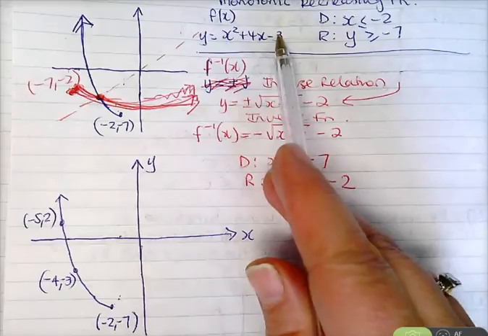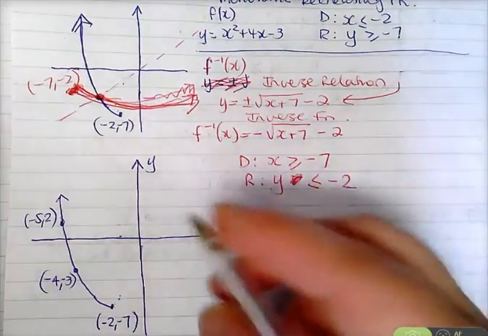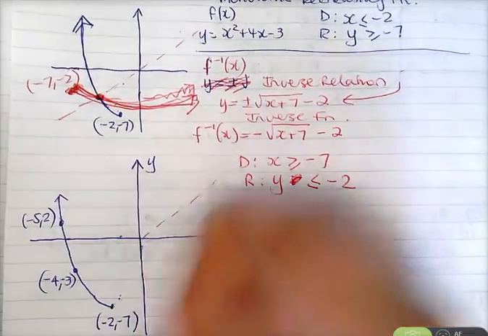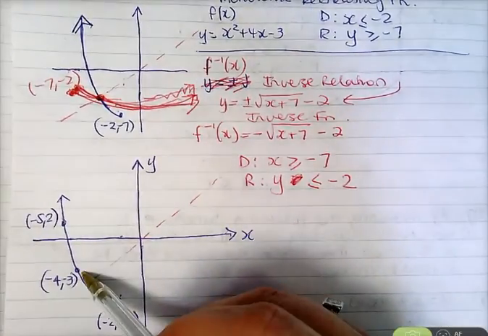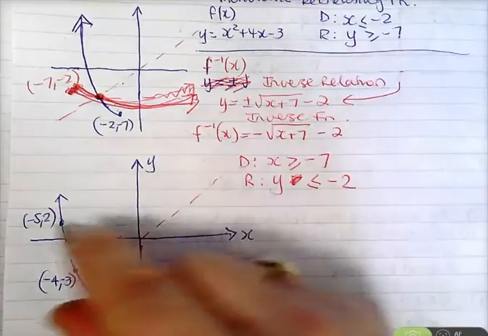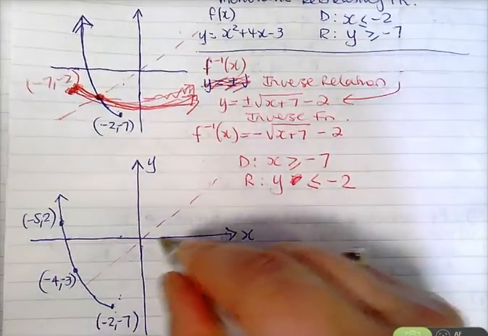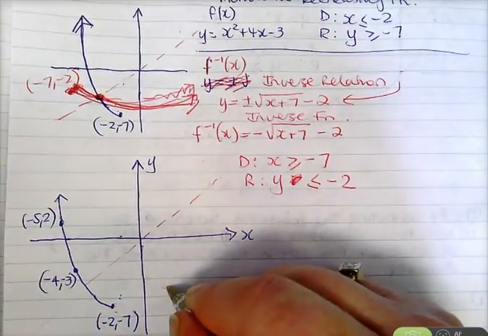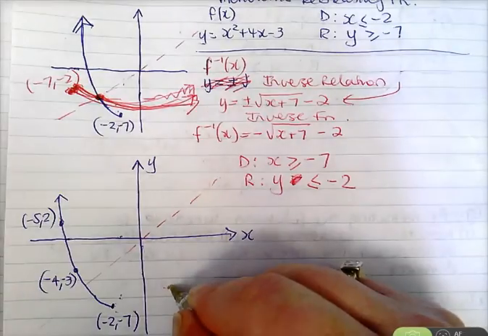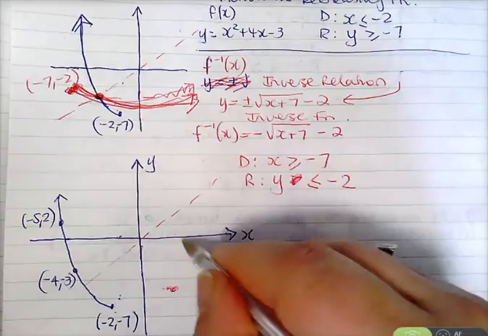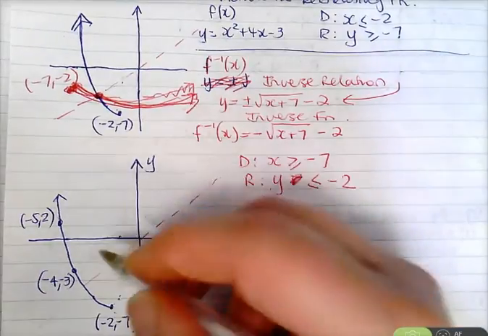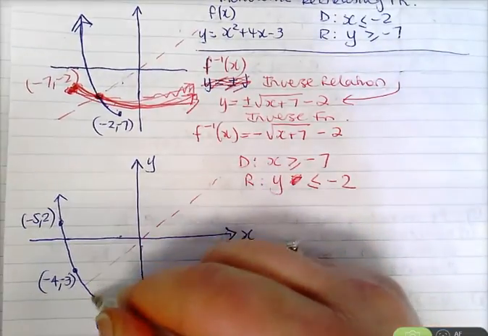So even though we couldn't factorize it, we can just substitute values, of course, just sometimes forgetting the really basic things. So I've just put a few points here: -2, -7, -4, -3, and -5, 2. So just swapping values around, we'll have 2, -5, which will probably be about here. We've got -4, -3, which will be -3, -4.